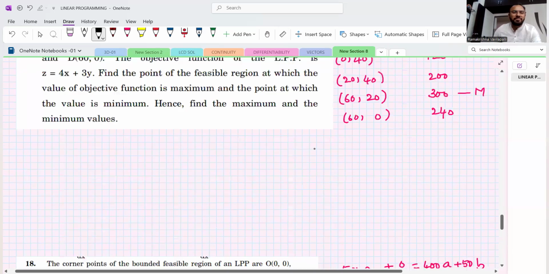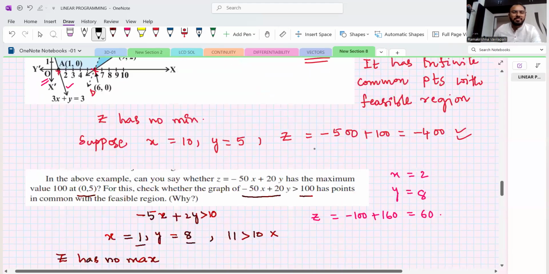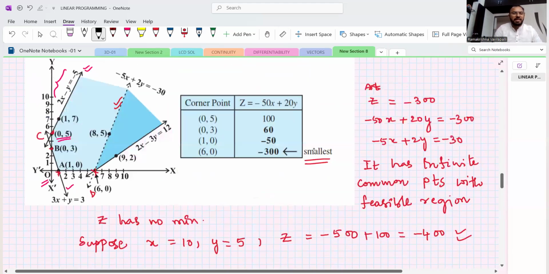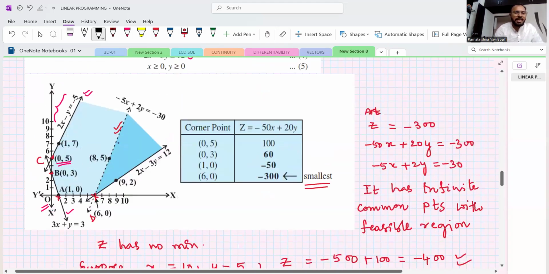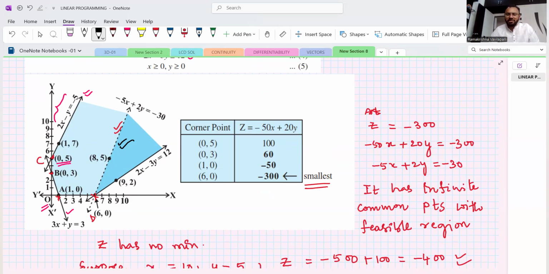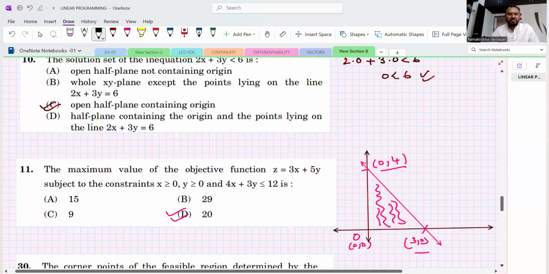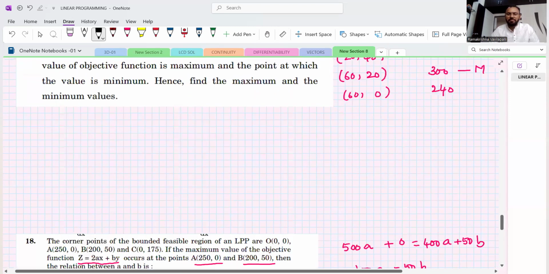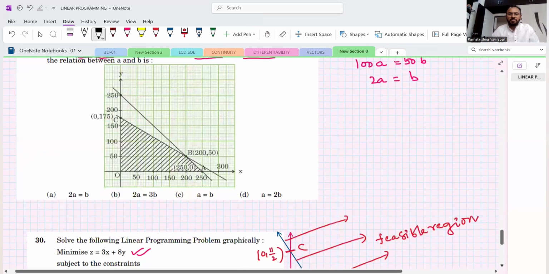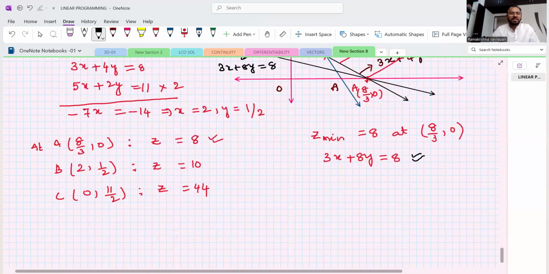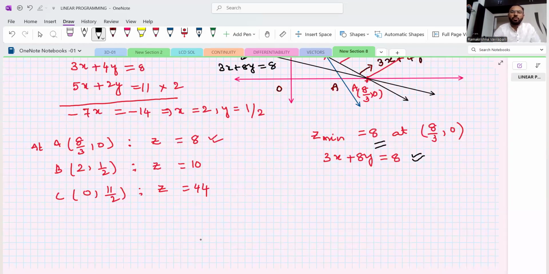You see here, this one has many points in common with this feasible region. So therefore, our question is finished. That's it. So therefore, it has a minimum value 8 at (8/3, 0).